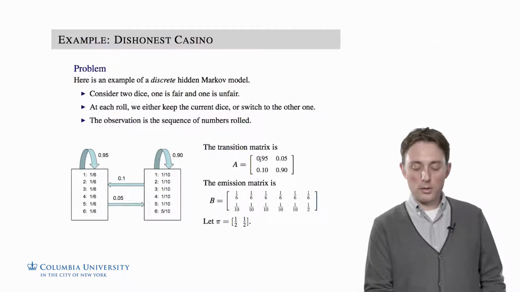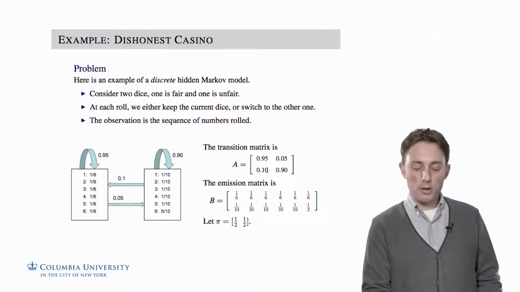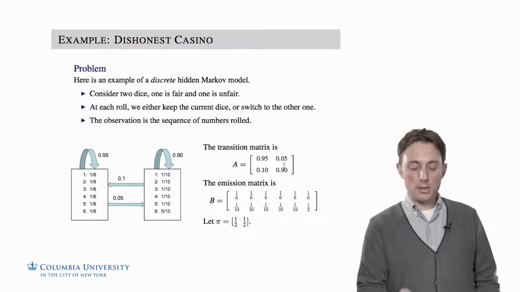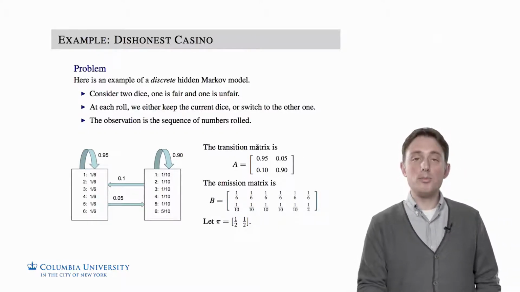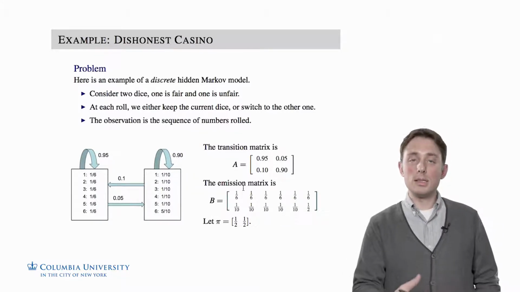So that's the probability of switching from a fair to an unfair dice. The probability of switching from an unfair to the fair dice is 0.1, and the probability of staying with the unfair dice is 0.9.